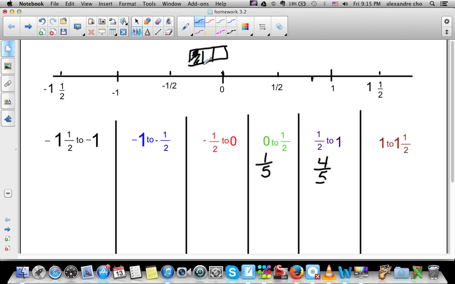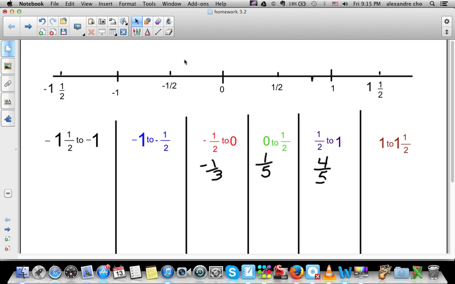It's obvious by the picture that it's less than a half. But since we're talking in the negative area, it has to be between 0 and -1/2. So -1/3 would be about here, which makes it go in this particular area.